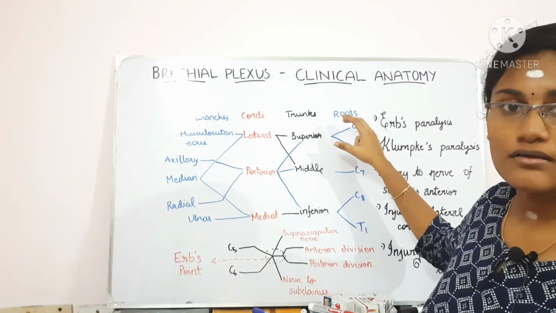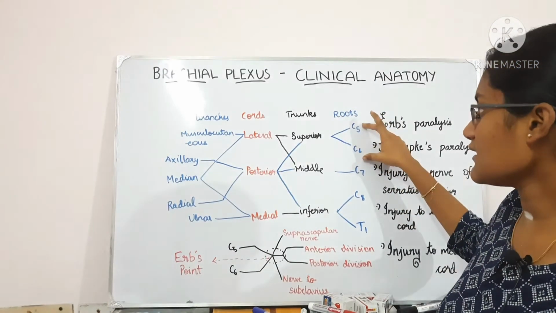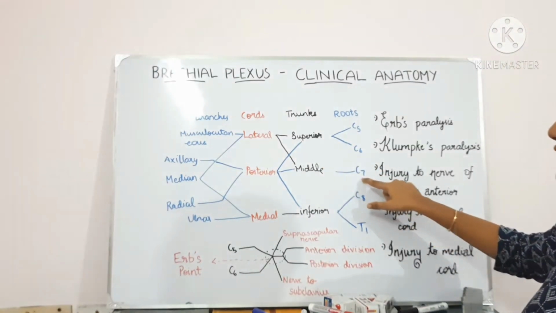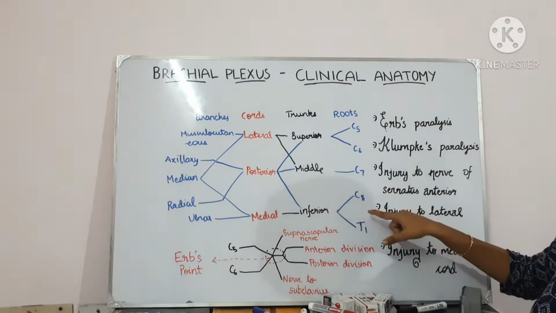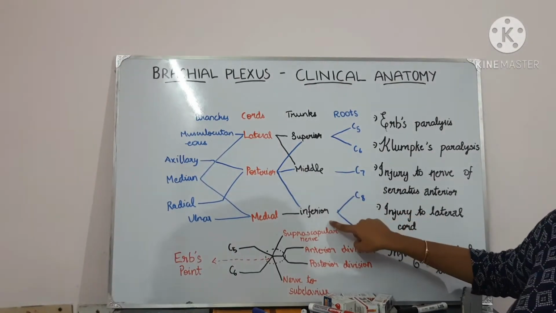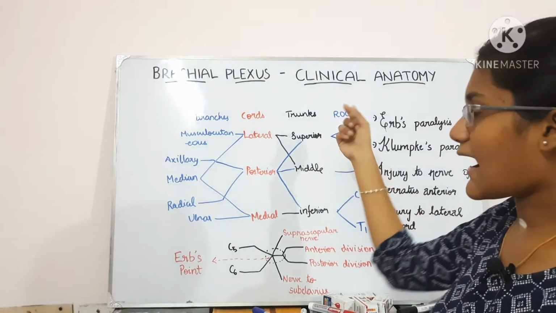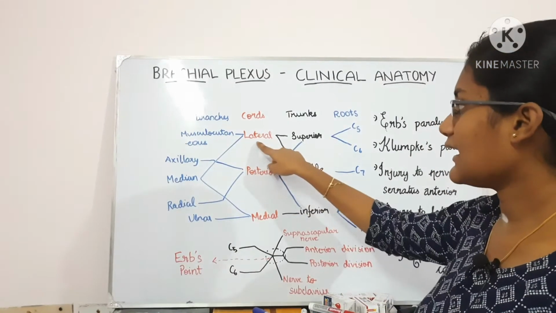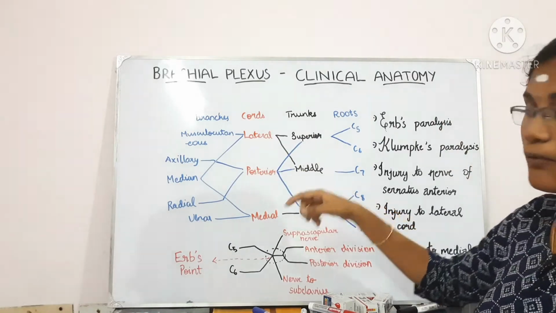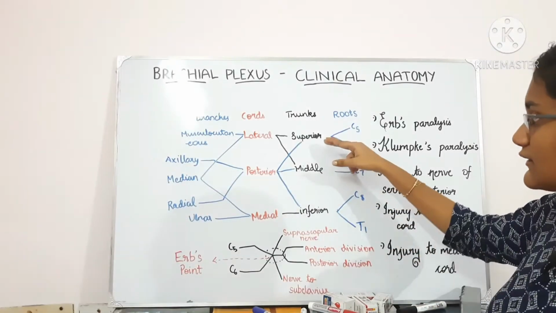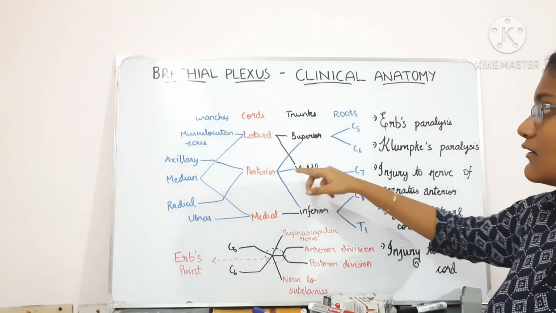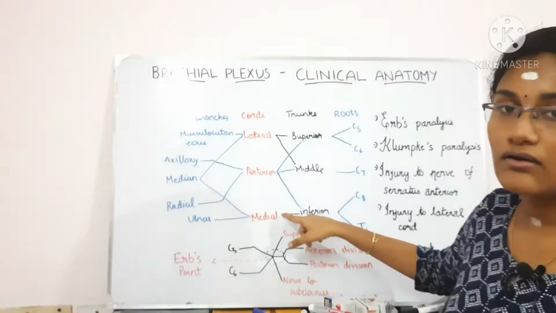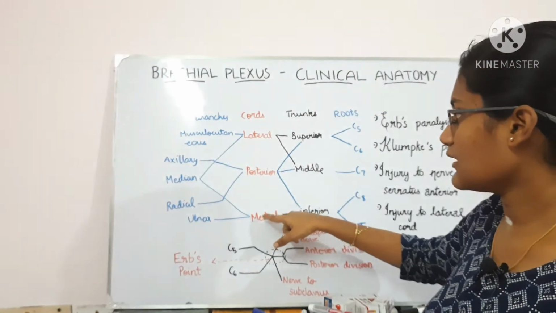Okay, so the roots of C5 and C6 together form the superior trunk. Okay, and C7 forms the middle trunk and C8 and T1 together form the inferior trunk, and the anterior divisions of the superior trunk and the middle trunk form the lateral cord, and the posterior divisions of all three, superior, middle and inferior trunk, form the posterior cord, and the inferior trunk on its anterior branch gives rise to the medial cord.